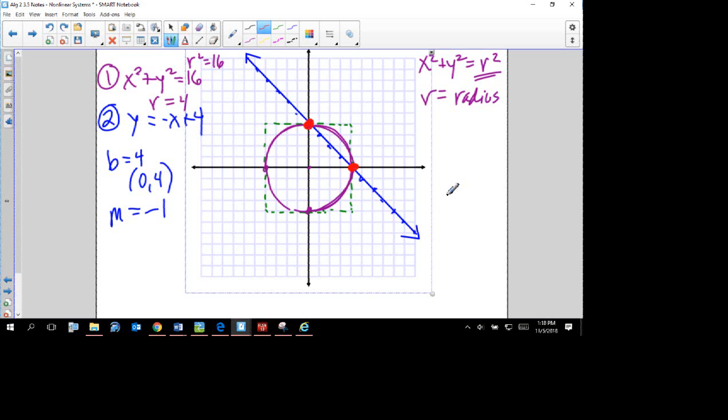So example number 5, I don't want you to do all the math and solve it.